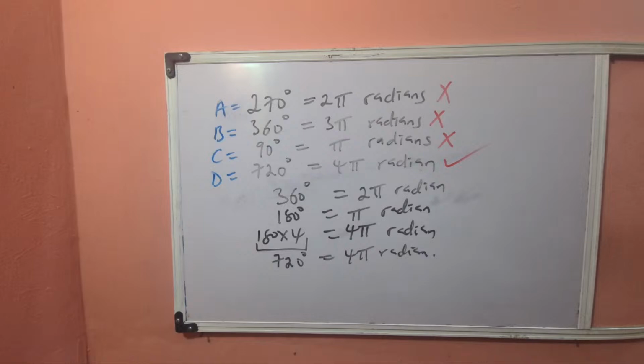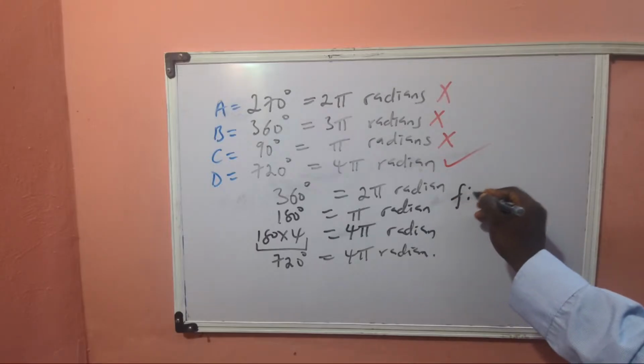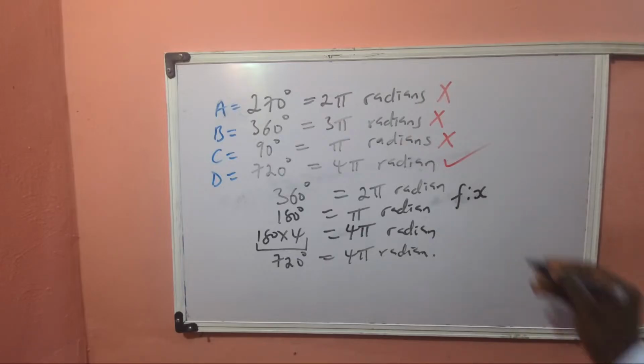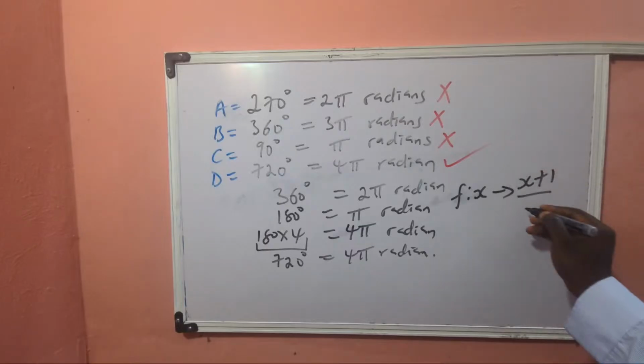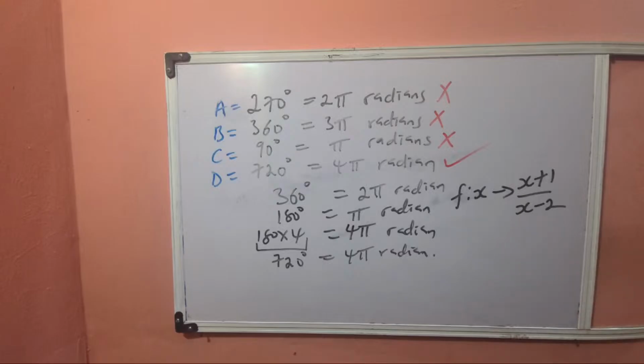Let's go to a different question. You were given a function. I'll write the function right here. And you were told the function was x plus 1 over x minus 2. The question said, let this particular function be a function defined on a set of real numbers excluding 2.